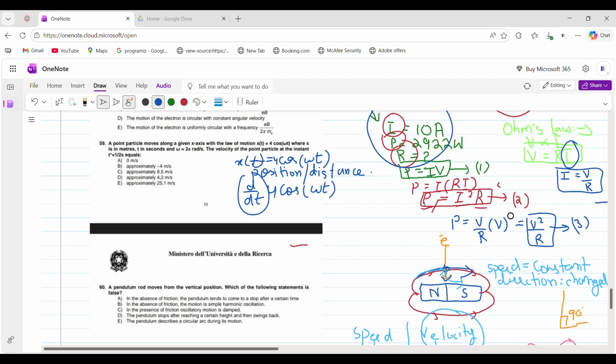And change is written by d by dt. Change is basically derivative. Derivative is just change, right? So change in this position with respect to time, the rate of change, because in the denominator I have time.